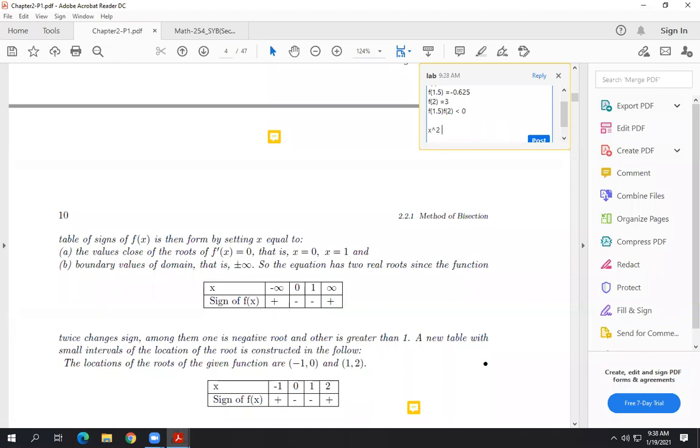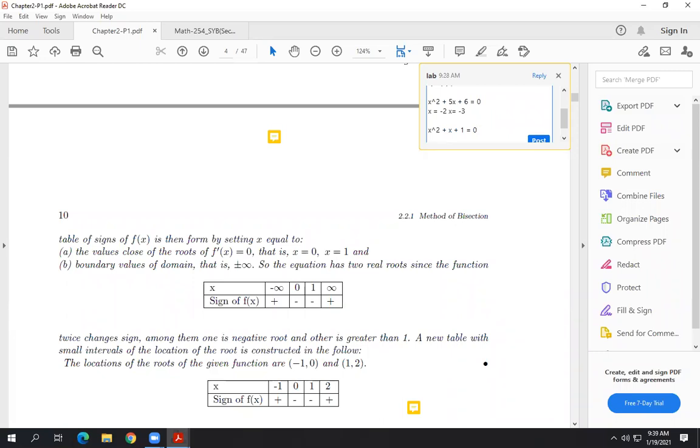x square plus 5x plus 6 equal to 0. How many roots for this one? We already know: minus 2 and minus 3. They are real, right? Yes. x square plus x plus 1 equal to 0.